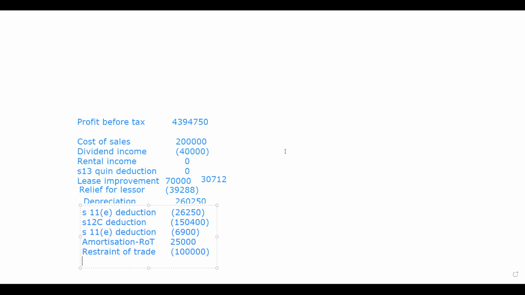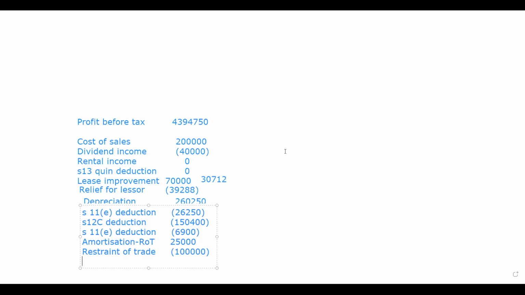Then they say the building was improved in January 2014 at a cost of 1 million. And the improvements were additional space for machines costing 940,000, and 60,000 was to improve the canteen. The improvements were finalized in August 14 and immediately brought into use.